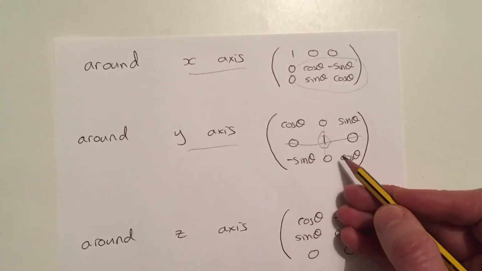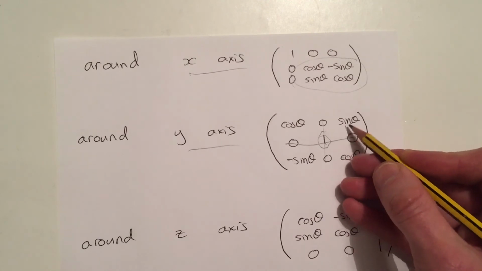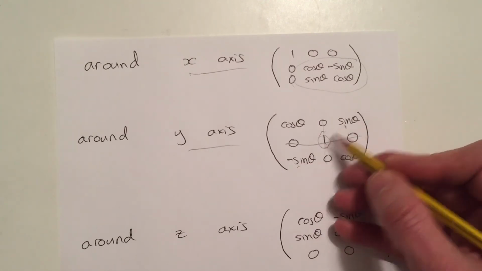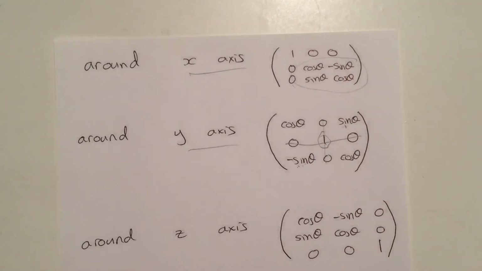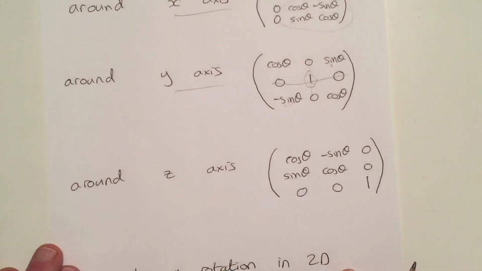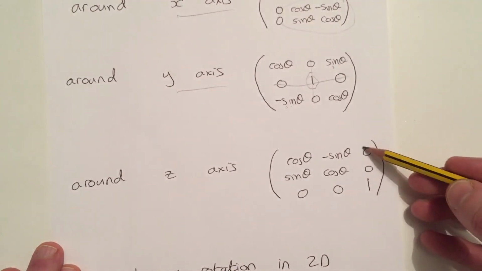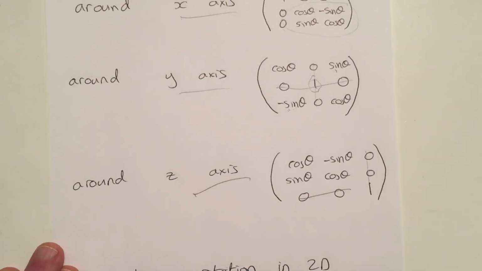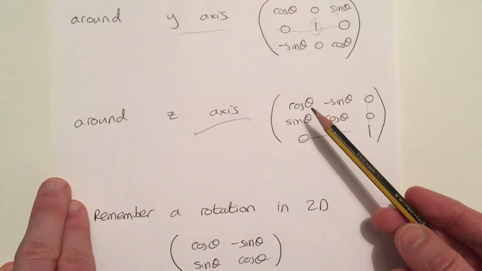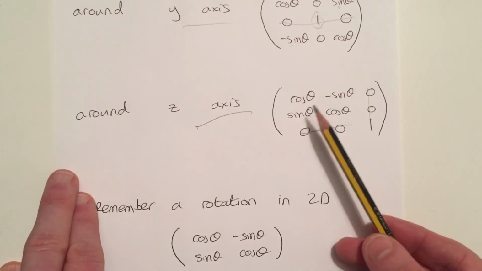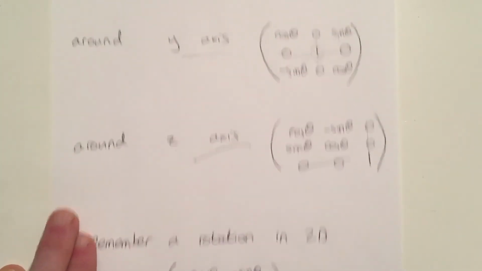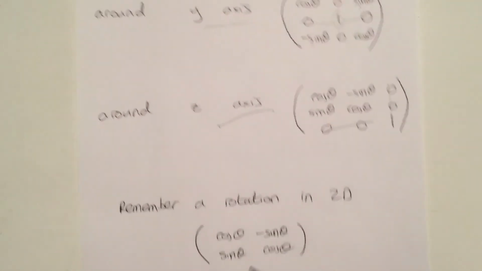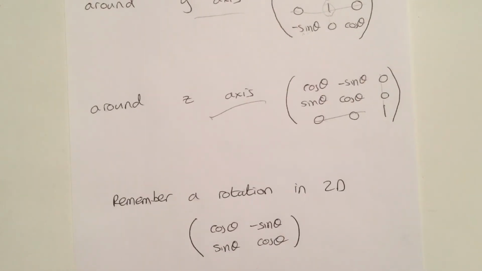Again, we've got the cos theta, sine theta, minus sine theta. So notice how the signs here have flipped. And then finally, this and this is telling us it's a rotation around the z-axis. And then again, we're back to the original cos theta, minus sine theta, cos theta. So these things look quite complicated to begin with, but actually it's just an ever so slight extension to this.